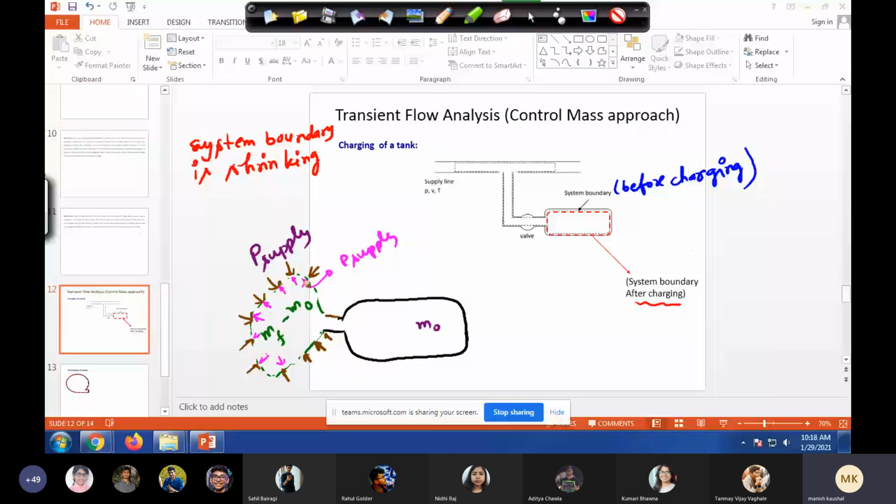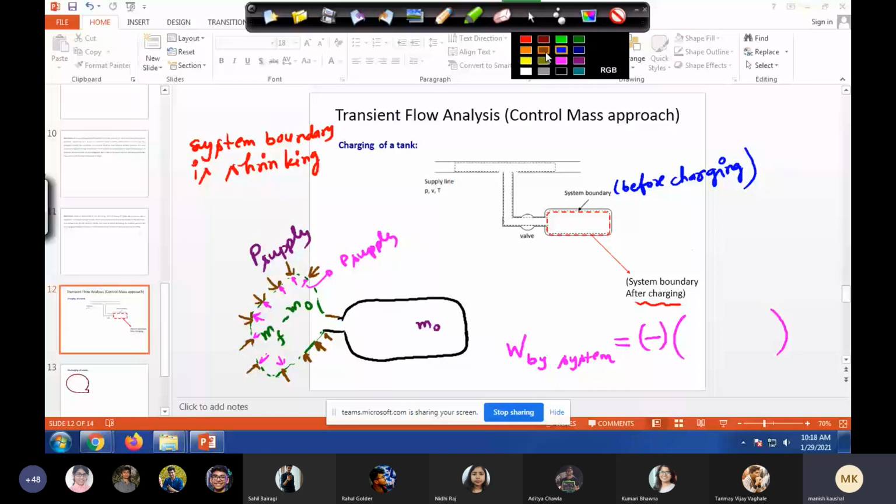So the work done which we are going to write down is on the system. Okay, so if I write down work done W by system, let's say, first of all, put a minus sign because work is being done on the system. If you accept this, it may be a point of confusion, but that's how it works. We have to assume that P supply outside is P inside this boundary. Then only it will be quasi-static.